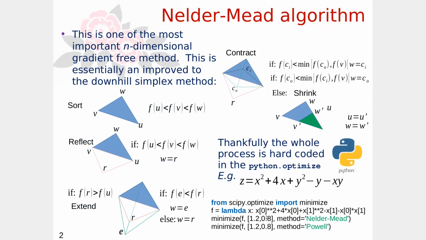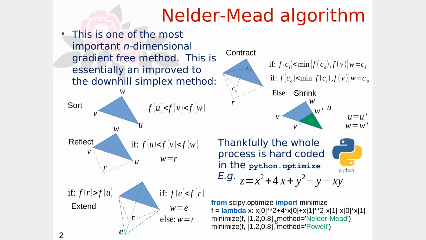So we would set this up, so this is x squared plus 4x, which is x0, y squared is x1 squared, y is x1, and then x0 times x1 corresponds to xy. And then it's a simple matter of saying minimize, because from the SciPy optimize we've imported the minimize function, so it would be to minimize the function given the bounds.